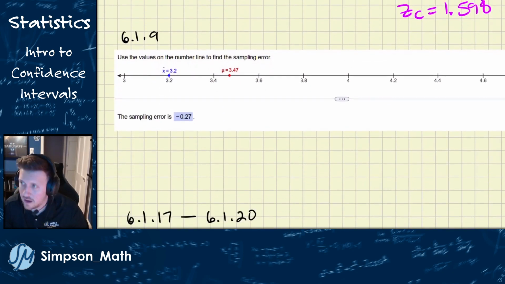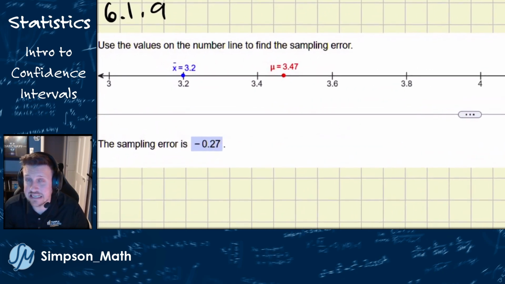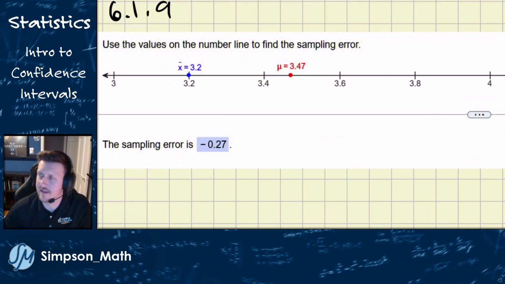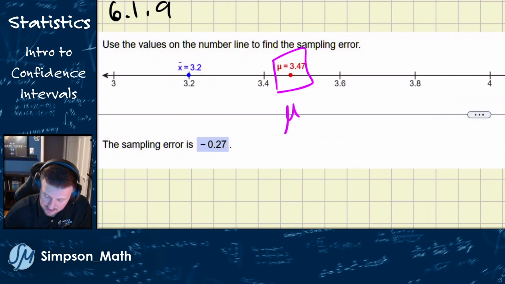All right. This one. Use the values on the number line to find the sampling error. So sampling error is error that happens when you sample from a population. You take a sample, and what type of error happened in that sampling process? Well, mu is what I was expecting. This is the truth. That's my mu, in case you can't see that. And this is my x bar.